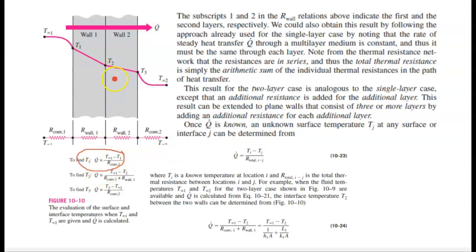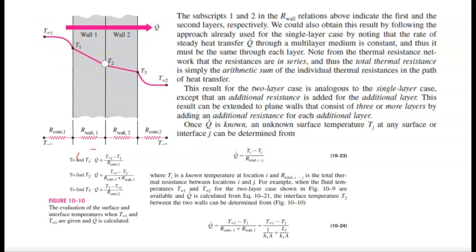If I want to find the T2 here, I can use that formula again. I can do T infinity 1 minus T2 divided by the R convection 1 plus R of the wall 1. So I need to add convection plus that one because the temperature gradient is from 1 all the way to 2.